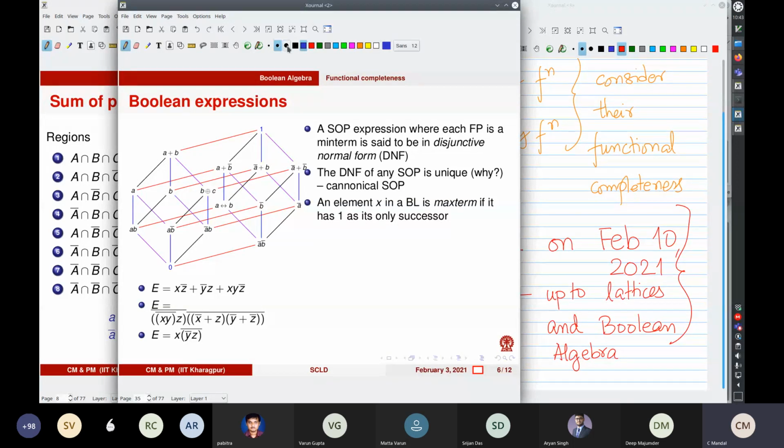Now you have these min terms, and you also have max terms.